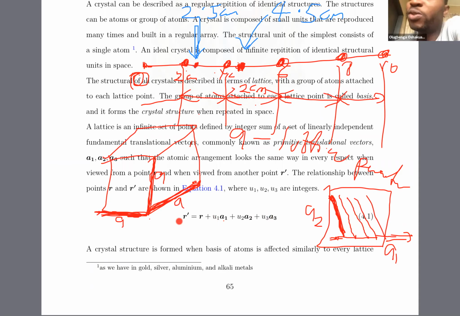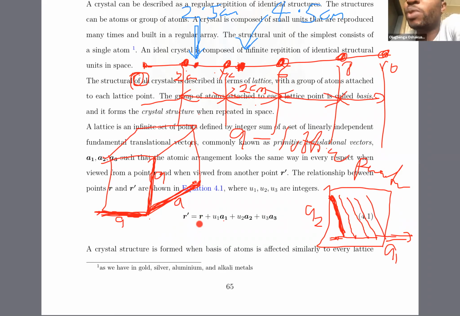So this is vector A1, this is vector A2, this is vector A3. So when we try to relate this equation, R prime is this particular point where the ant walked up to. R here was the initial point where it was.